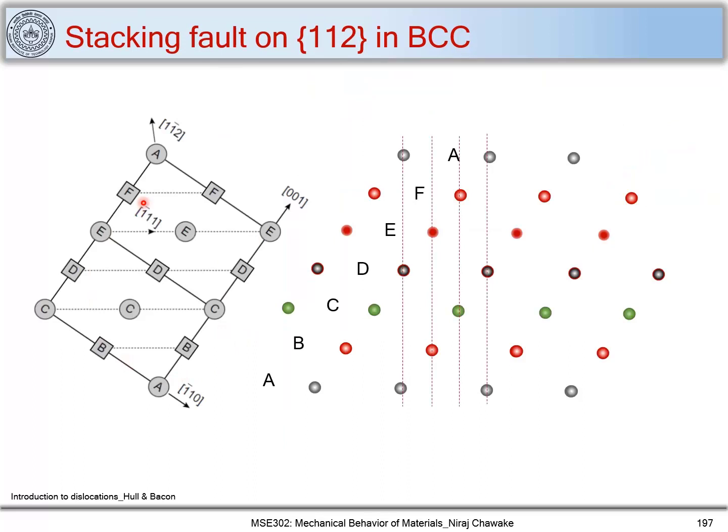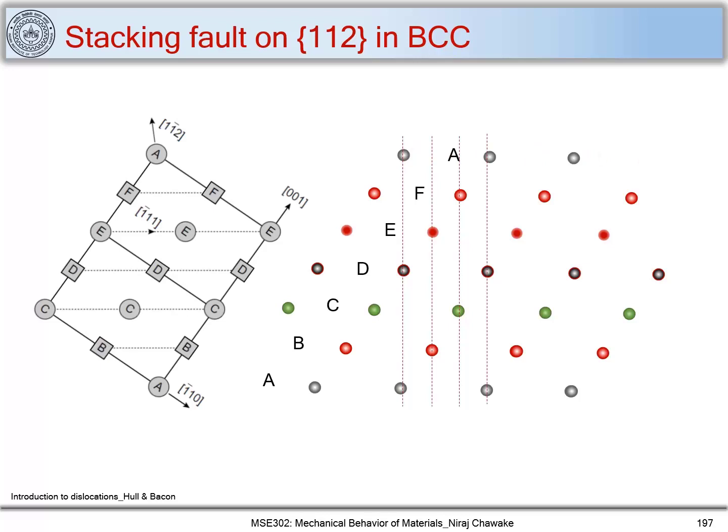So we have arranged these atoms in this way. We have seen the trace of this 112 type of planes on 110 planes, and why have we done this? Because we want this 111 direction to be horizontal, and as I have mentioned earlier, this direction is a 112 direction, so these planes will be 112 planes.